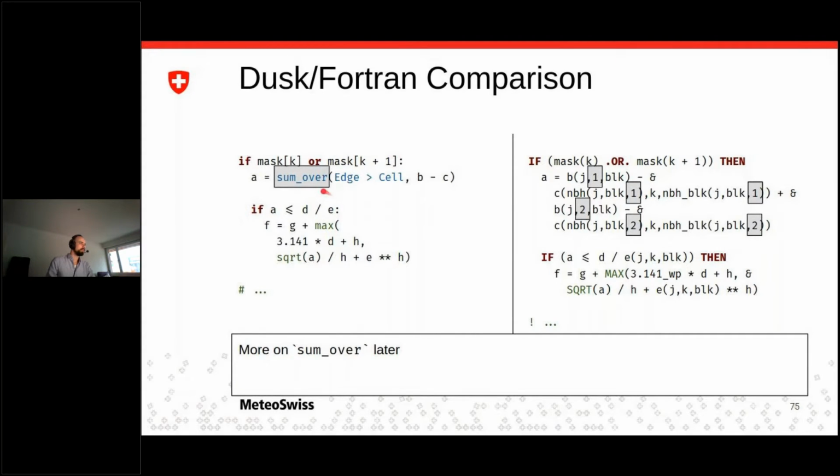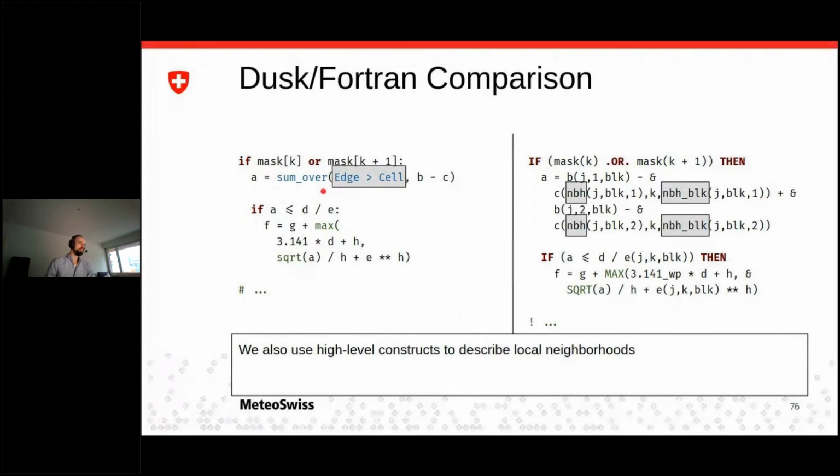And then what the sum over means, we will learn about this tomorrow, in quite some depth. And next we also use these high-level constructs to describe local neighborhoods. Whereas in Fortran you use these neighbor lookup tables, and in this case you don't really know what this neighbor table is until you look up how it's initialized or what the neighbor table contains.